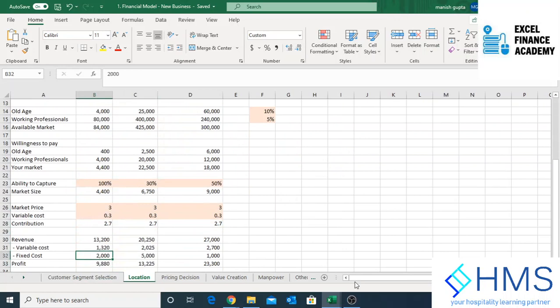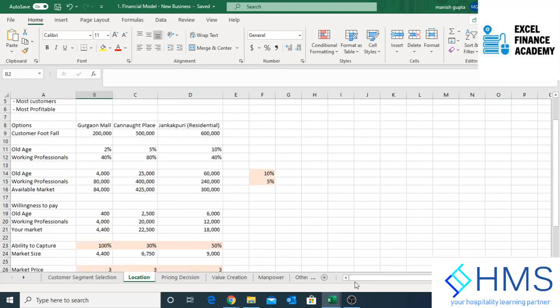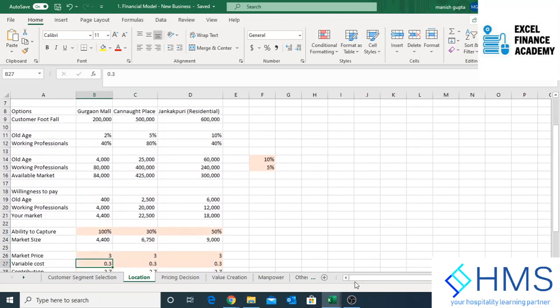Then willingness to pay is defined by the amount they want to pay and your estimated capture ratio. We are assuming here that we want to capture 10% of the old age and 5% of the working professionals, and then your ability to capture at each particular location.